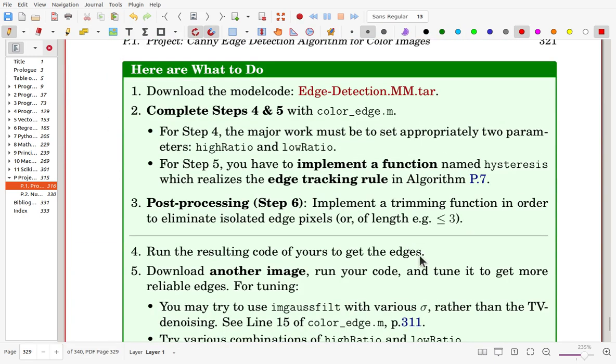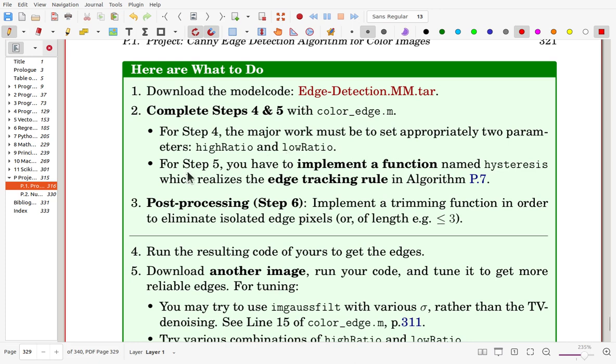Now here is what to do. First download the model code: from the lecture notes you click this one, then you can download. And you have to complete steps 4 and 5 in color edge.m. For step 4, the major work must be to set appropriately 2 parameters, high ratio and low ratio.